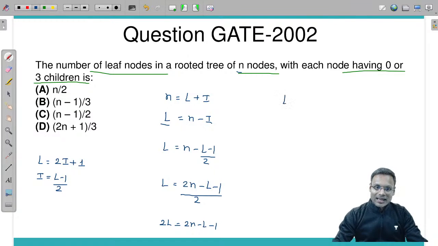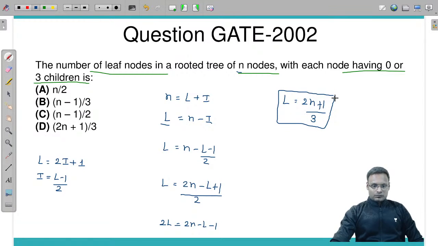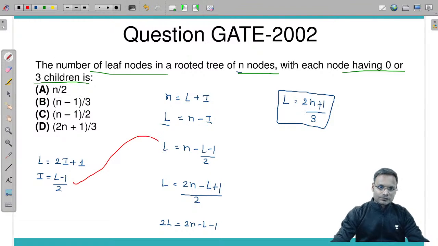You will be getting L is equal to 2n minus 1. Okay, I made a mistake. Plus 1 here should be divided by 3. I guess this particular mathematical thing you can easily understand. D option is correct.